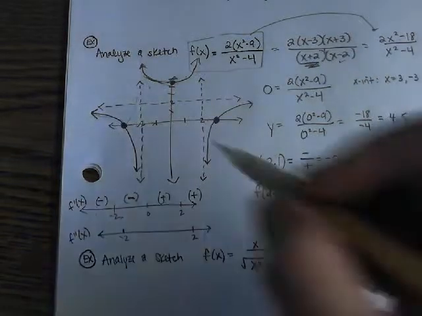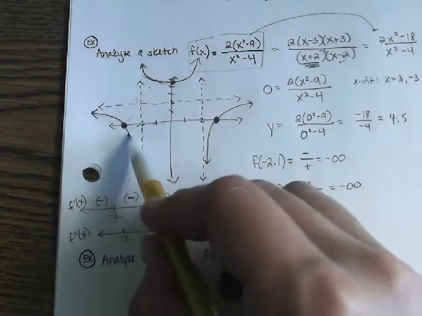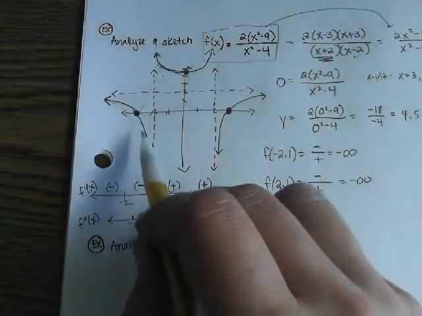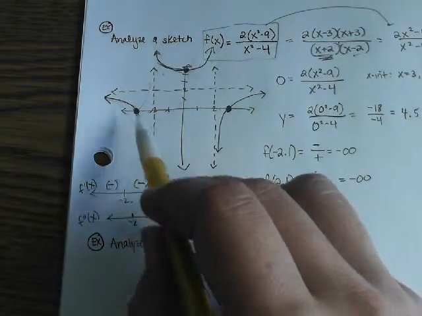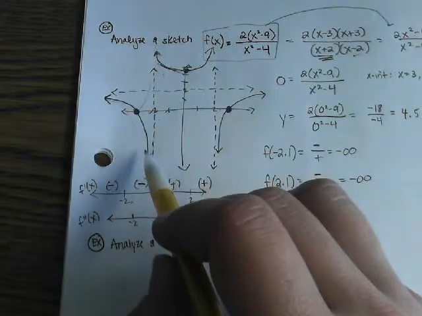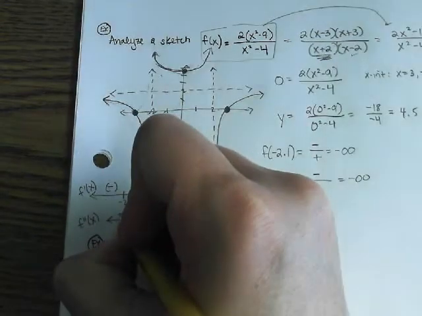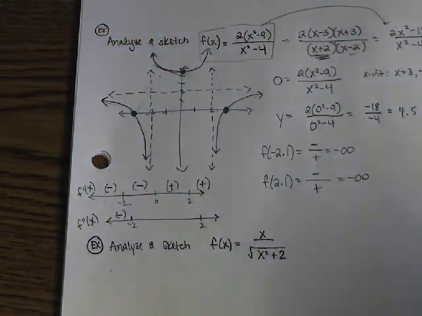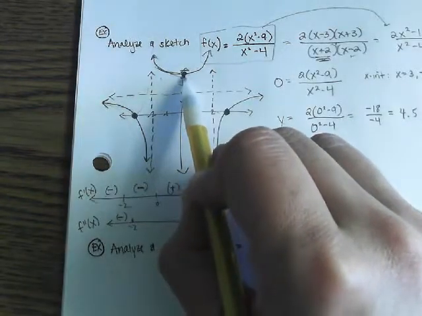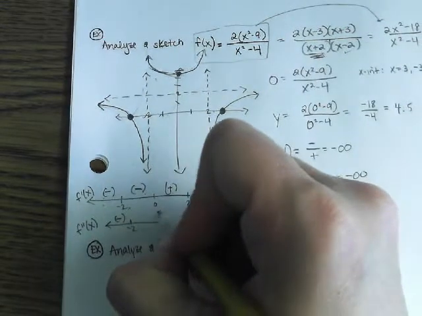Just looking at the graph now that we know what it looks like. Is this concave up or concave down? Down, so you would have gotten a negative. At 0, is this concave up or concave down? Up, so you would have gotten a positive. And beyond 2, is this concave up or down? Down.